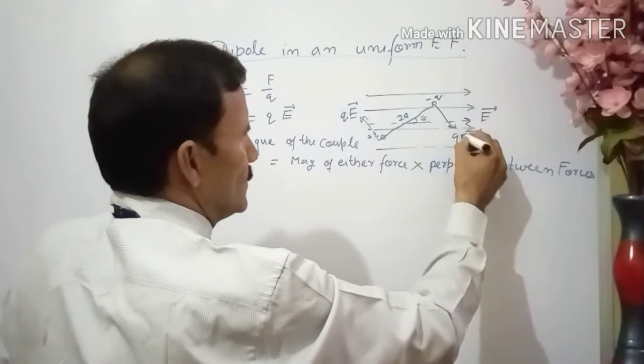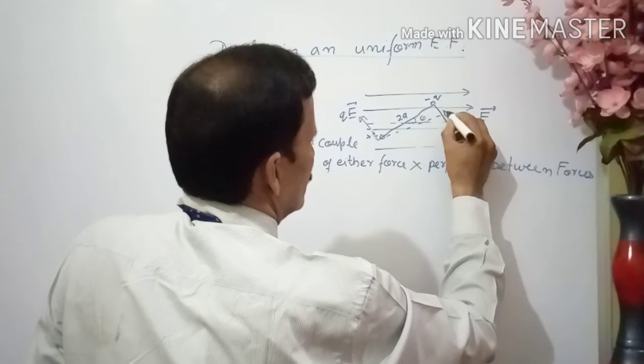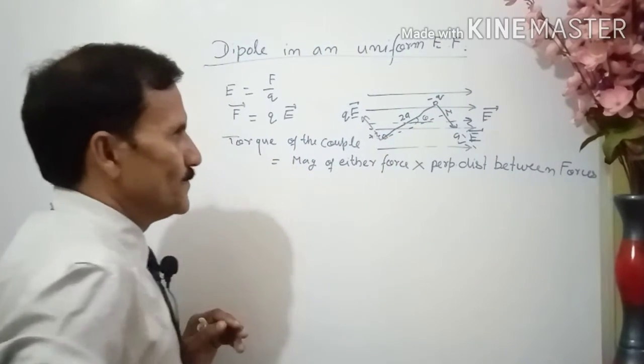Suppose it is like this, so we drop a perpendicular here, and this distance is required.